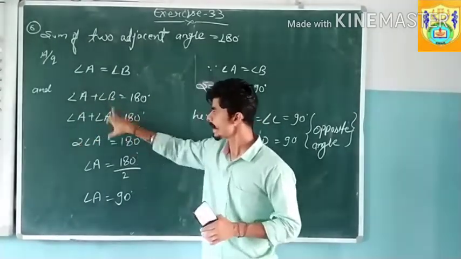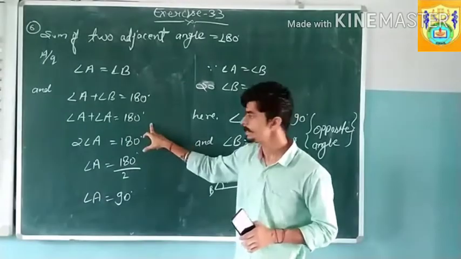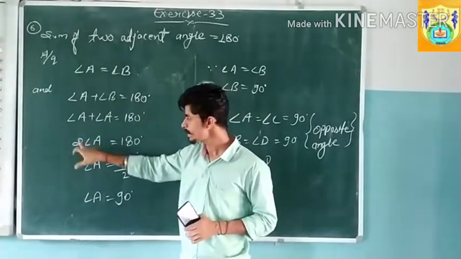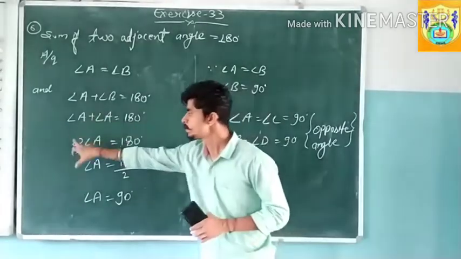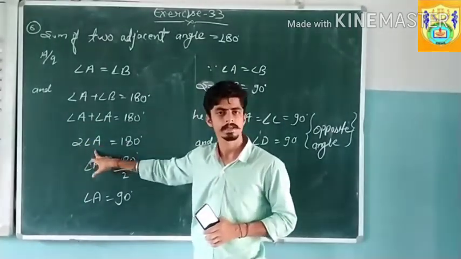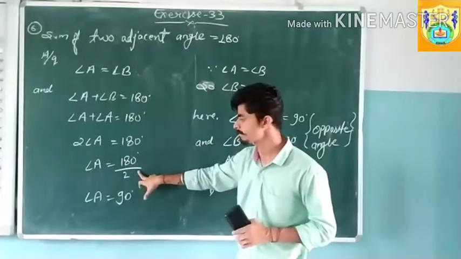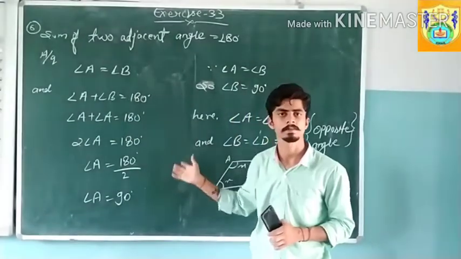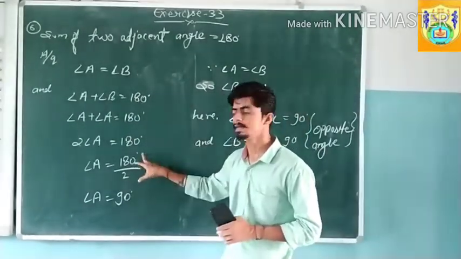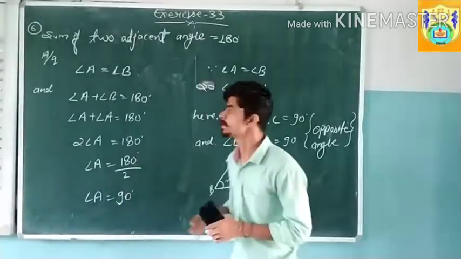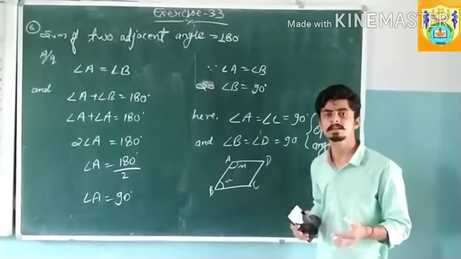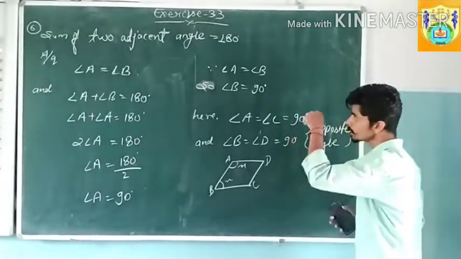So angle A plus angle A is equal to 180 degrees. There are 2 times angle A, that's why it will become 2 angle A is equal to 180 degrees. 2 is in multiplication form with angle A, so it will be converted to division form when it is transferred from LHS to RHS. Now 2 will divide 180 degrees, and we get angle A is equal to 90 degrees. So the measurement of angle A we get is 90 degrees.